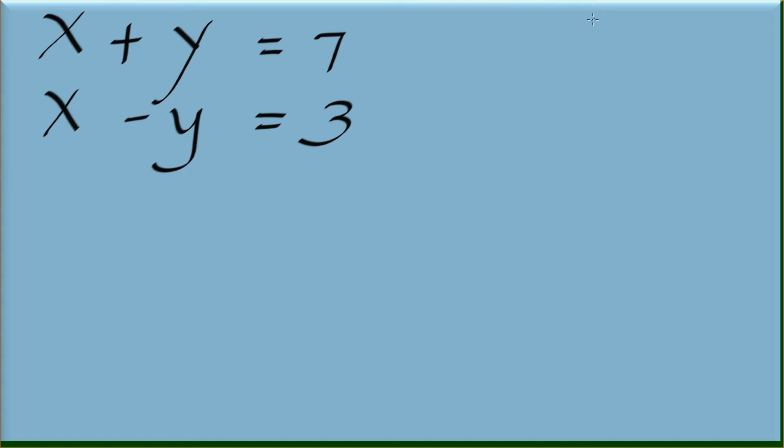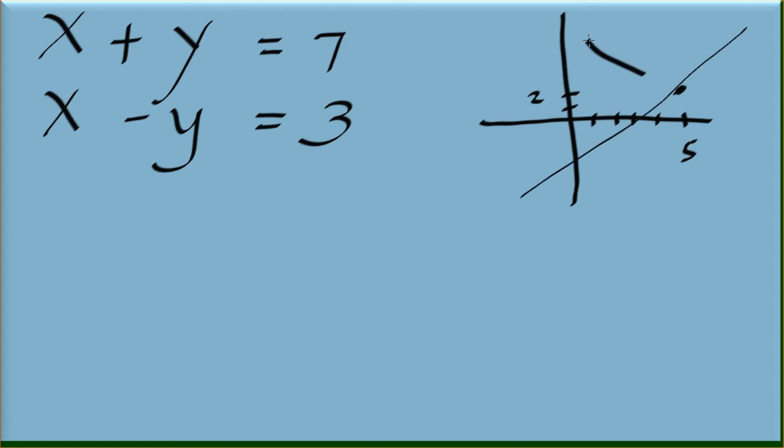Now, in the first part of the video, we actually solved this system graphically, and the solution that we got is 5 and 2. The 5, 2 represents the coordinates of the intersection of those two lines. Because x plus y equals 7 and x minus y equals 3 are linear equations whose graphs are straight lines.